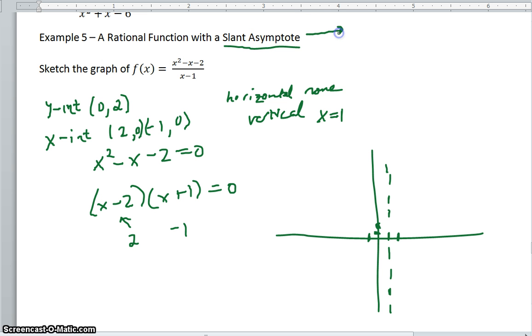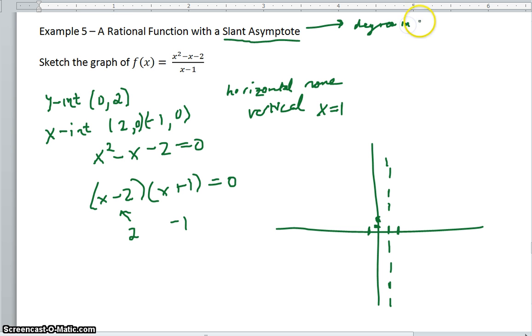And what this means is that if the degree in the numerator is exactly one more than the degree in the denominator, then this graph follows what's called a slant asymptote.